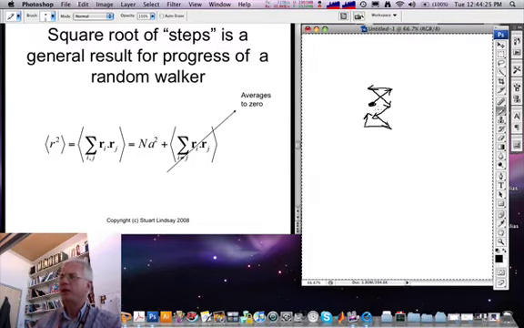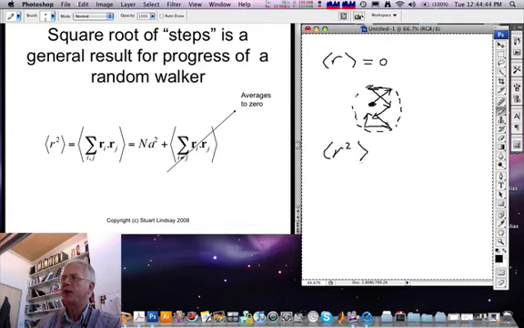And our question is, how far has the drunkard gone after some time? Well, of course, we know that the average distance that he gets is 0. He always ends up at the lamppost again. But we can ask, what is the range of the fluctuations around the lamppost? And for this, we need this quantity r squared.